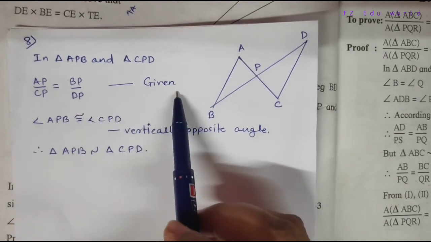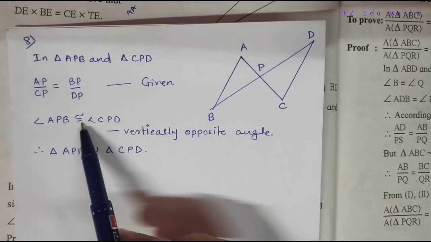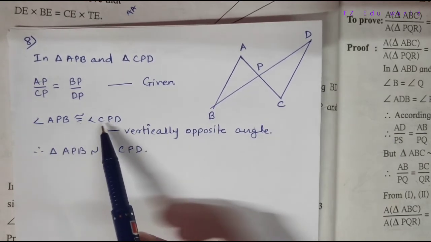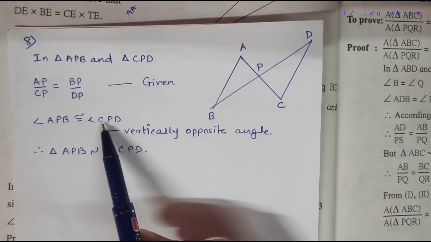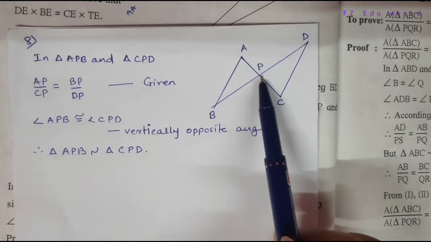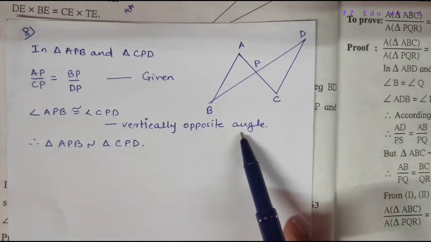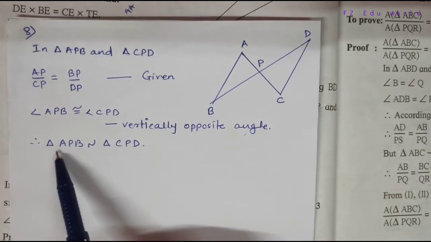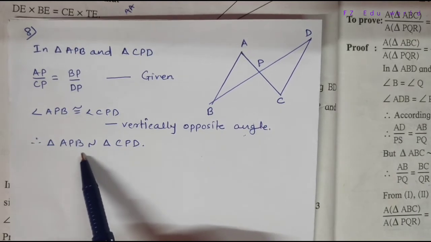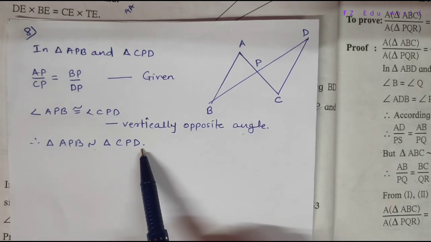It is given to us. And angle APB is congruent to angle CPD, as vertically opposite angles. Therefore, triangle APB is similar to triangle CPD.